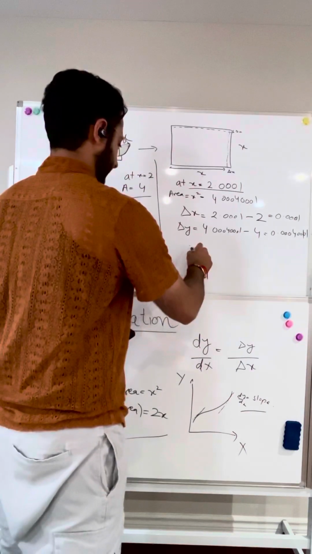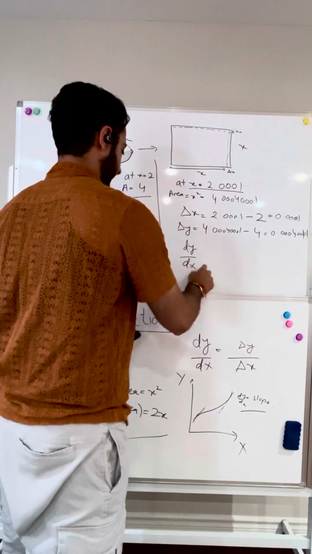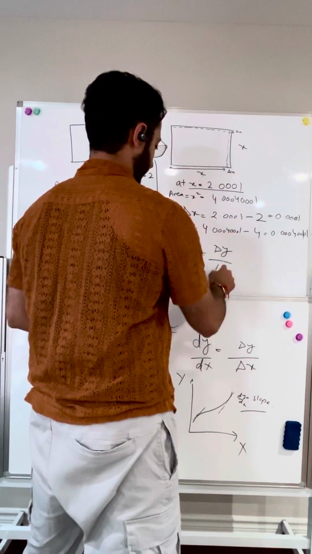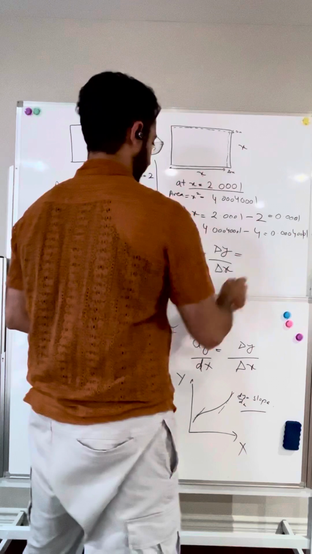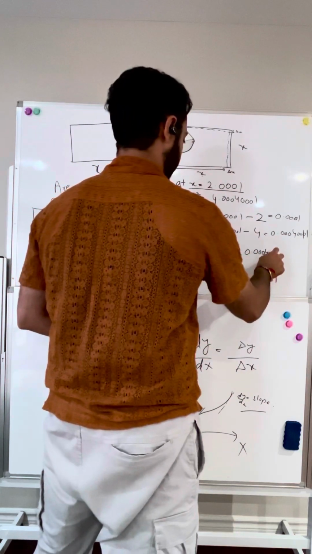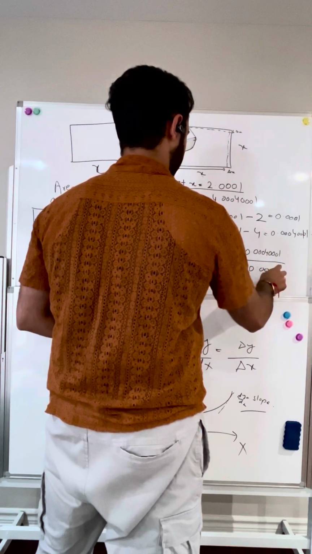Let's see. We have dy by dx, which is the derivative, should be equal to change in y with respect to change in x, which is 0.00040001 divided by 0.0001.